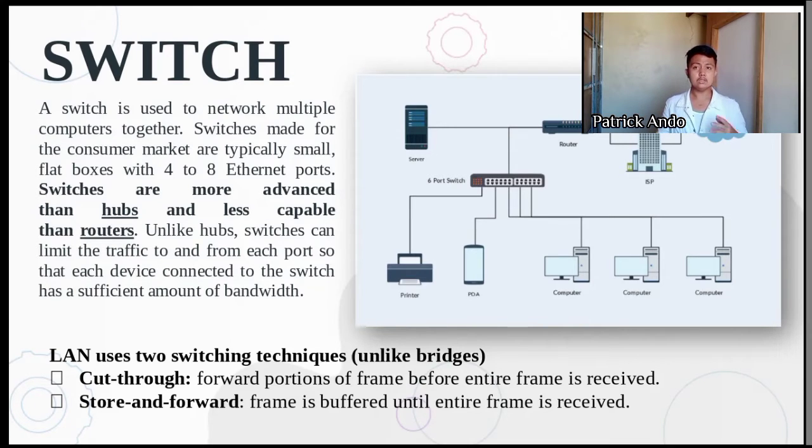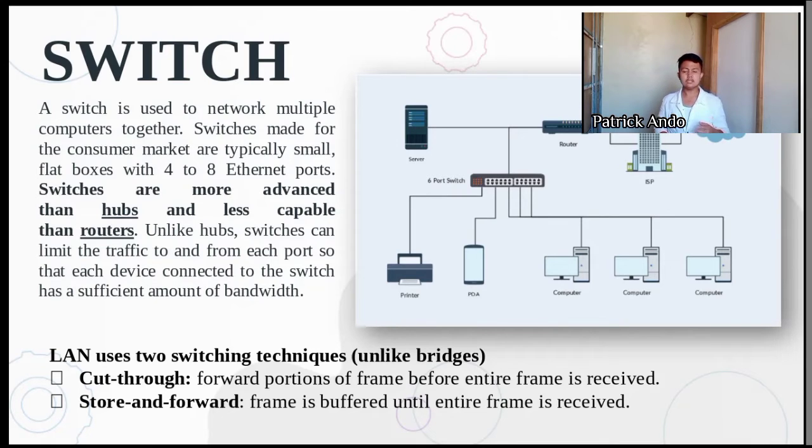LAN uses two switching techniques. The first is cut-through, a packet switching system that starts forwarding a frame before the entire frame has been received. Usually, as soon as the destination address and outgoing interface have been determined, it is known as a packet switching system.